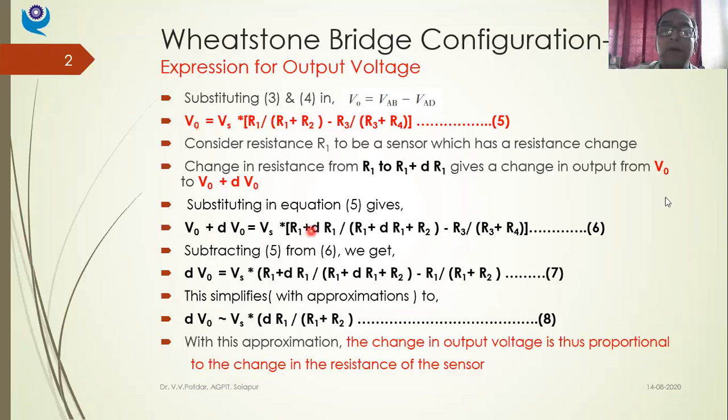So V0 changes from V0 to V0 plus dV0. Substituting in equation number 5, V0 plus dV0 will be equal to, for R1, we have to substitute R1 plus dR1. So V0 plus dV0 is equal to Vs into, instead of R1, R1 plus dR1.